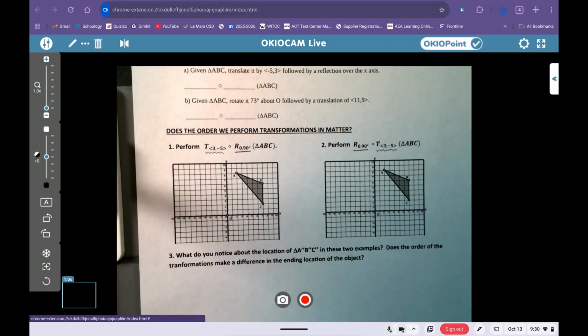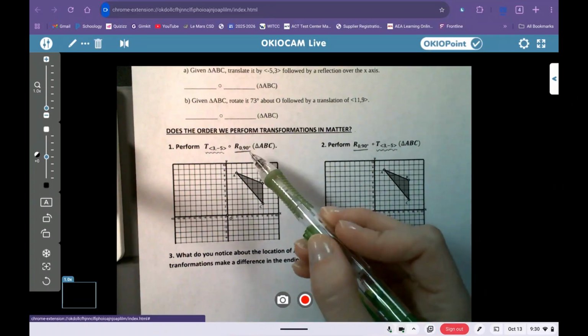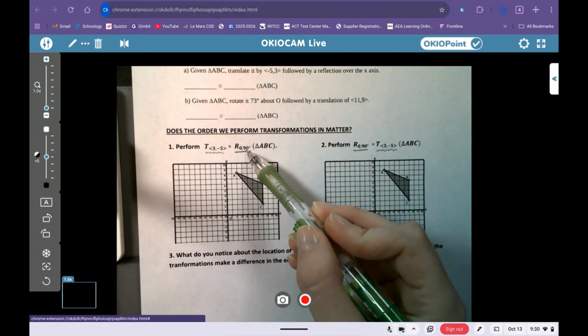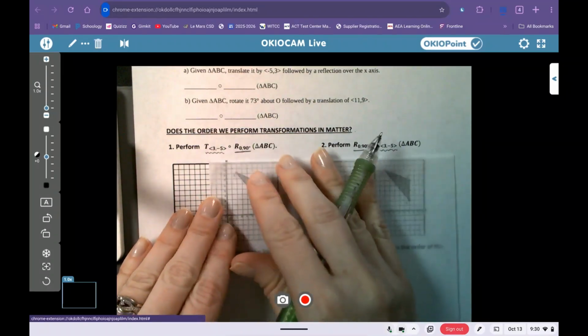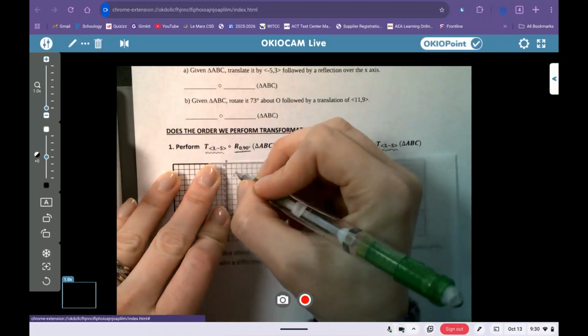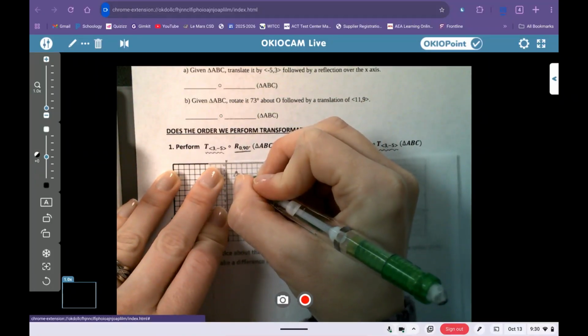So I'm going to start with number 1, and I want to do this rotation of 90 degrees first because that's closest. So I'm going to put my pad of paper down, and I'm going to trace this triangle ABC on here so you guys can do this with me.